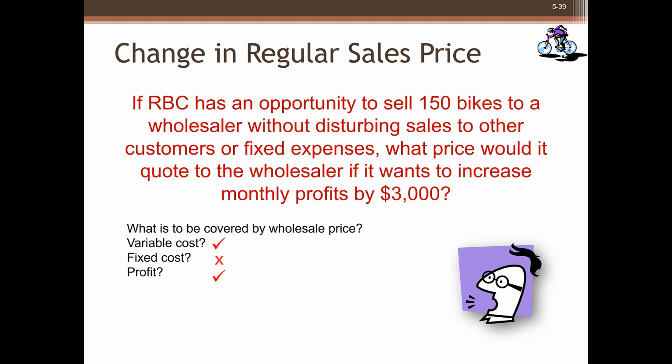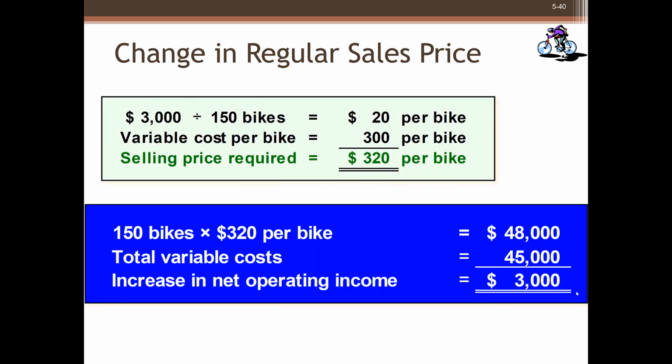Here, we can use incremental analysis. We just take a look at 3,000 profit RBC wants to achieve, and we divide it by 150 bikes. That's specifically for wholesaler. As long as each bike, RBC can earn $20 profit, then RBC can achieve its target.